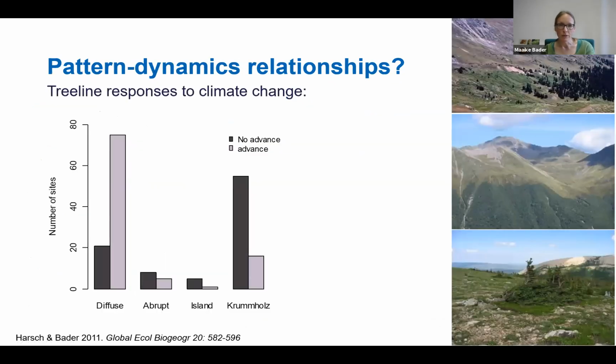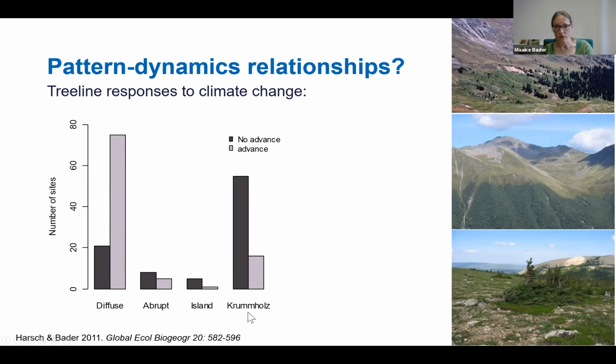And why is this important? Well, these recurrent patterns and the extrapolations we might do between them do not just come out of my head. They are also based on some observations. One observation, looking at diffuse tree lines, is in this graph based on a literature review by Melanie Harsh. The review revealed that diffuse tree lines tend to have shown increased advance in recent years.